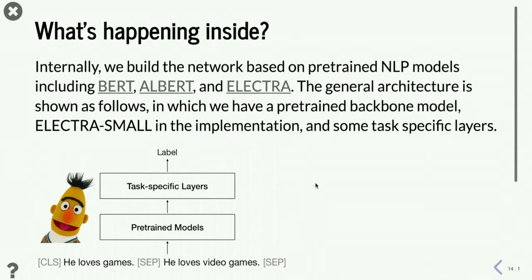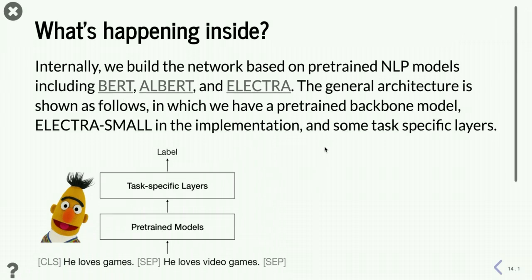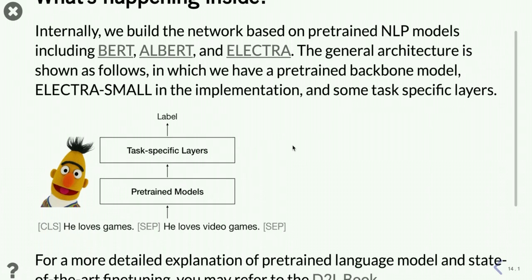Alright, so what's happening inside? Internally, we build the network based on pre-trained natural language processing models, including BERT, ALBERT, and ELECTRA. The general architecture is shown like this, in which we have a pre-trained backbone model; in fact, in this tutorial, we use ELECTRA Small. On top of this backbone model, we add some task-specific layers.